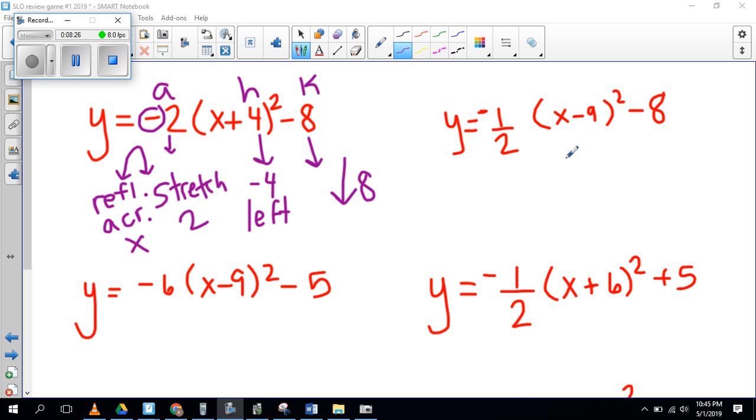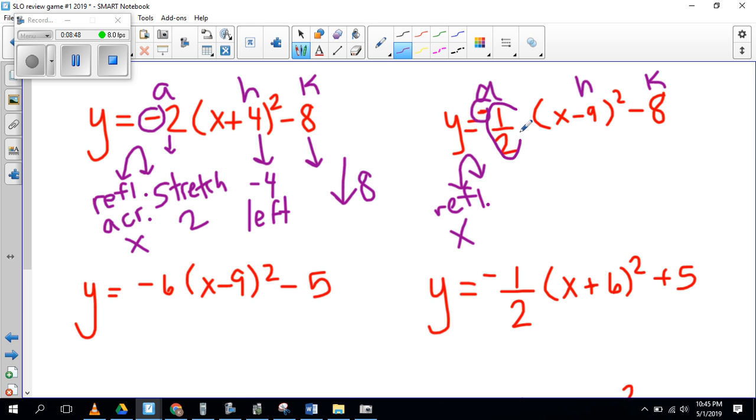Okay, so the next type here, we have our A, our H, and our K. Our A is negative, so we know it's going to open down. It's going to reflect across the x-axis, and it's a fraction, so it's less than 1.